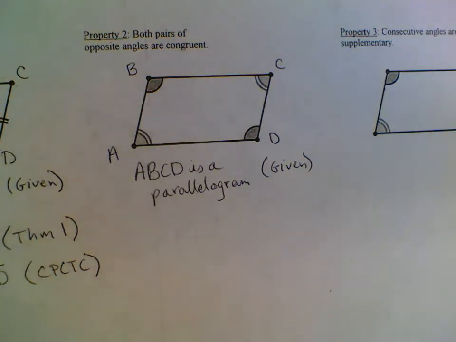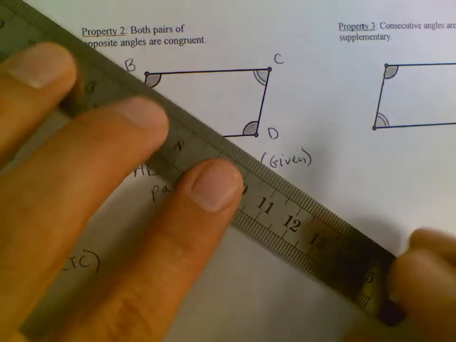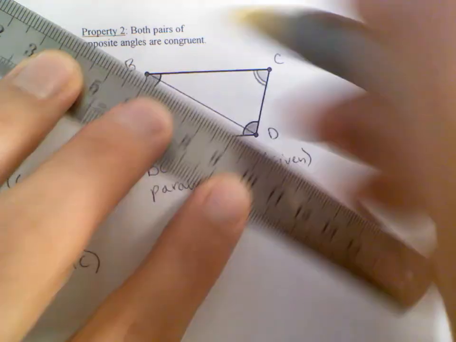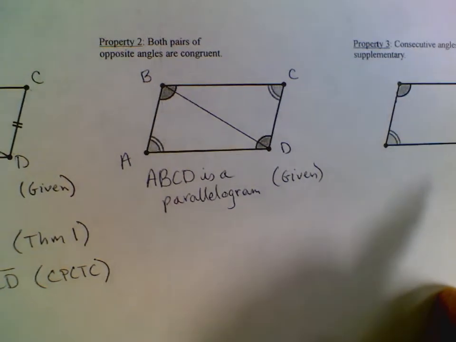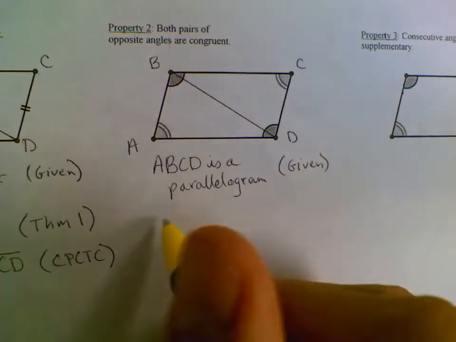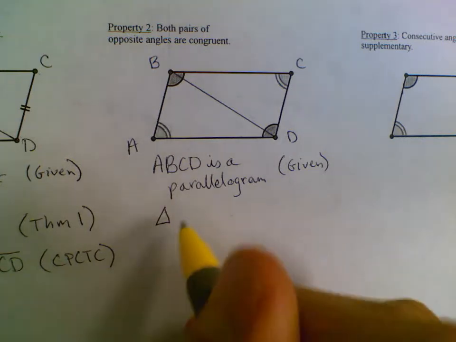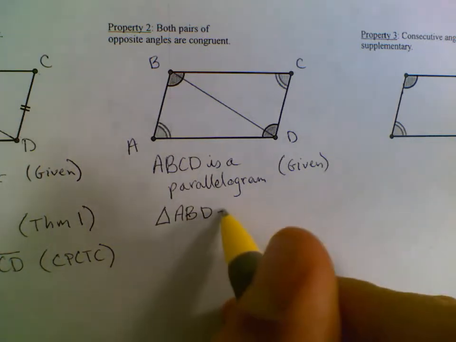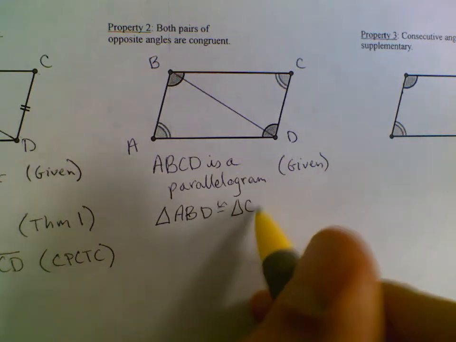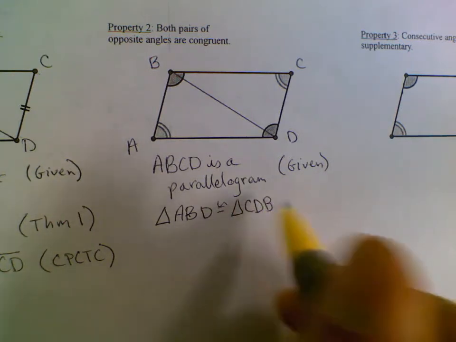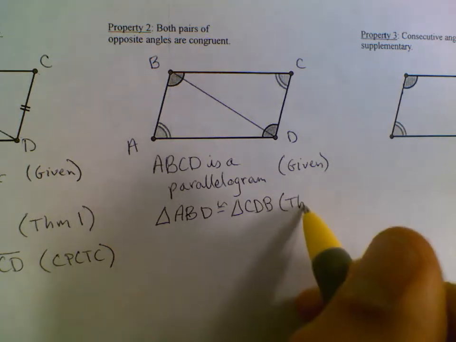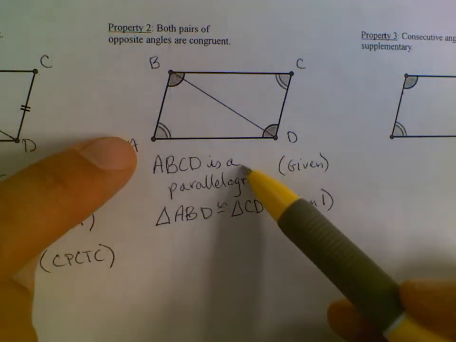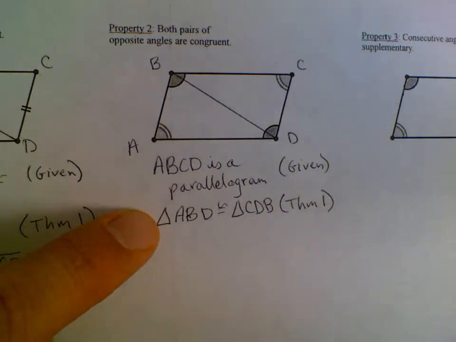If ABCD is a parallelogram, we can still draw a diagonal, and we could prove that the two triangles are congruent, but we've already proven it. So we're just going to say that triangle ABD is congruent to triangle CDB. We know that if it's a parallelogram, the two triangles are congruent by theorem 1.